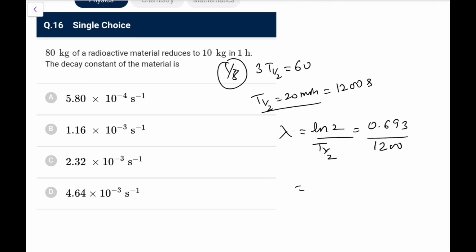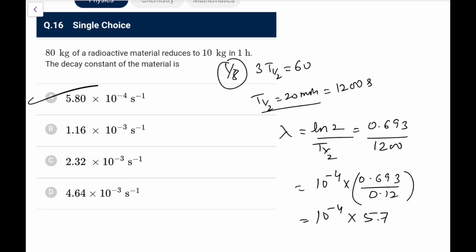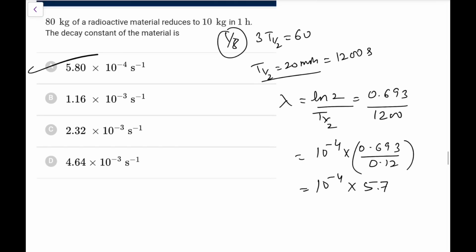I can write this as 10 to the power minus 4, and it is 0.693 upon 0.12. So if I do the table of 12, it would be 12 into 69, that is 5, and that 93 would be 57. So it would be 5.7 something into 10 to the power minus 4. So go for 5.8 into 10 to the power minus 4 in this particular case. Next one.